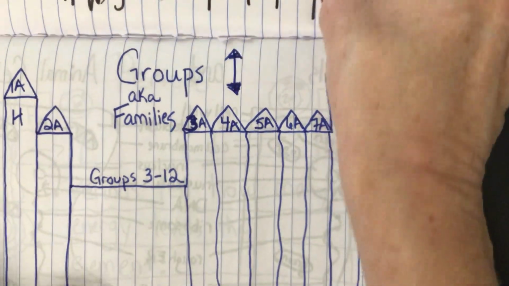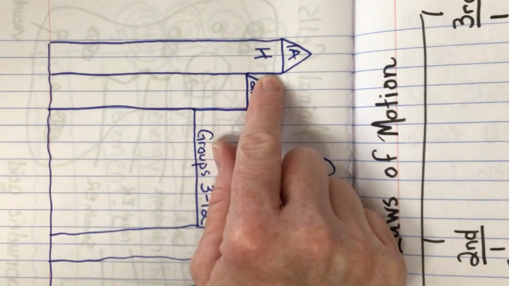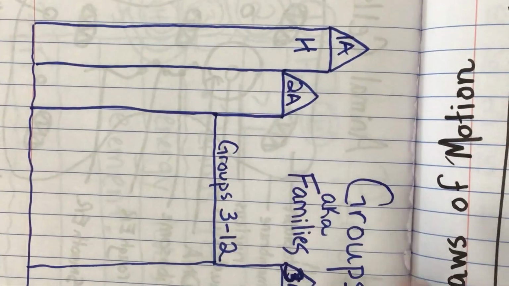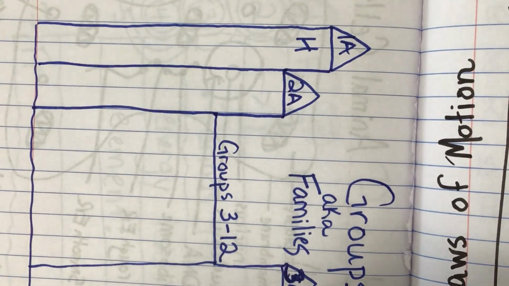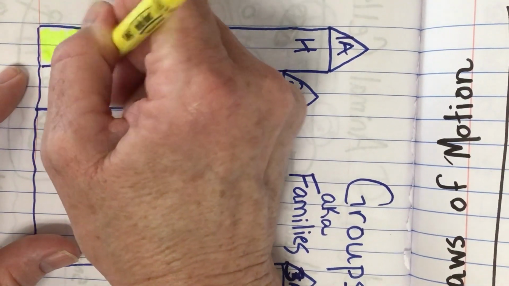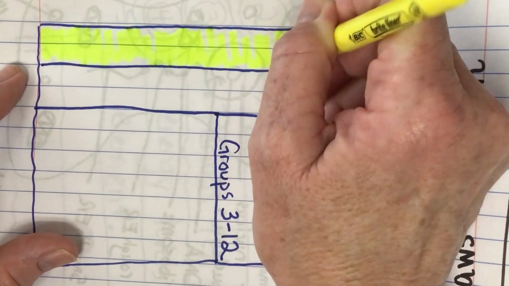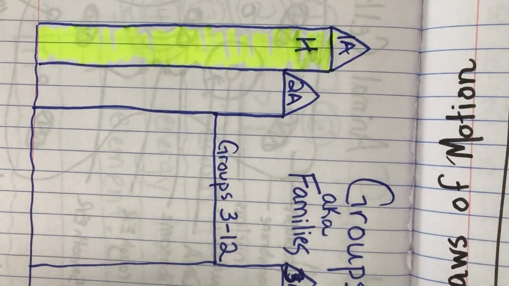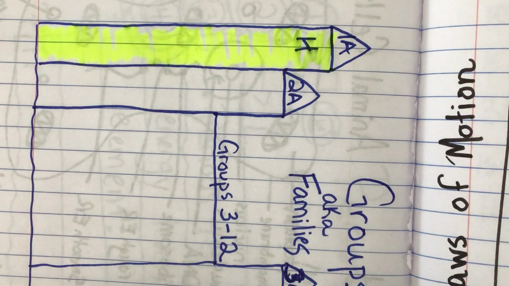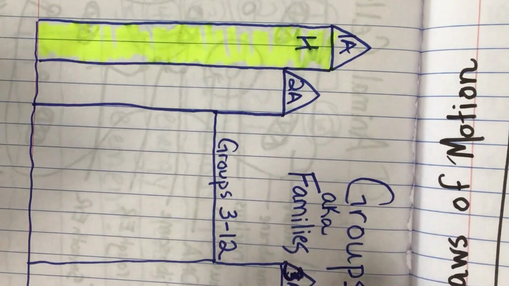Okay, so let's talk about group 1 here. I want this one to stand out, so I'm going to take a matte pencil or a highlighter. It doesn't have to be perfect. I just want this to stand out. Group 1 has a name.